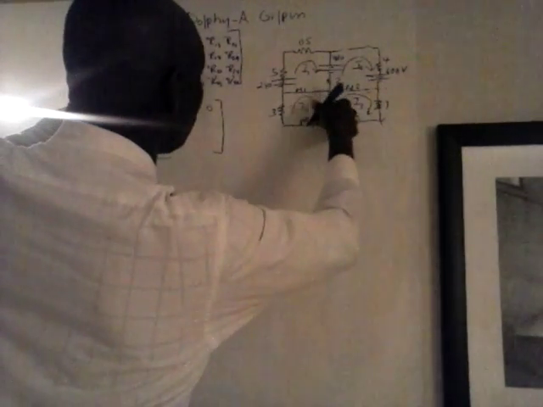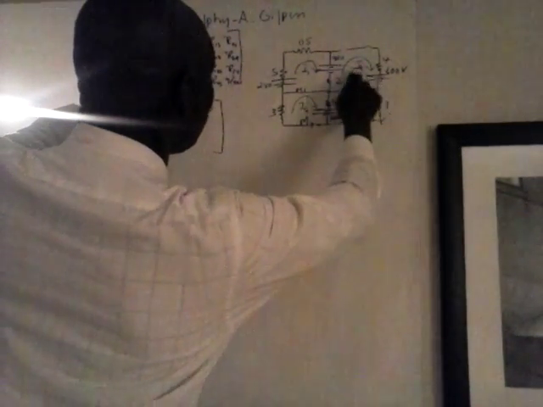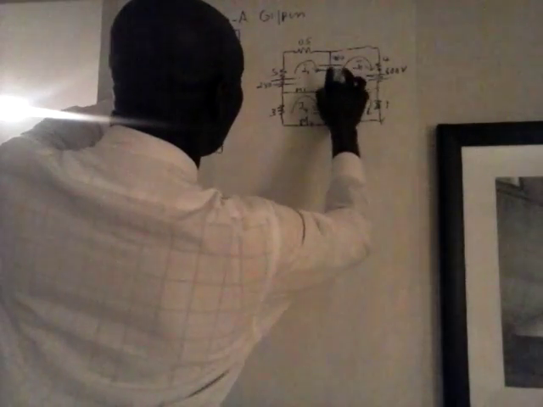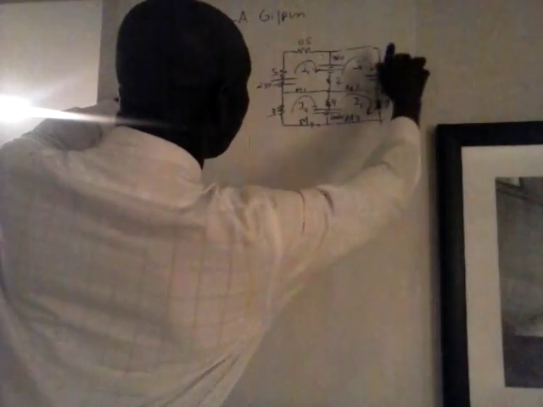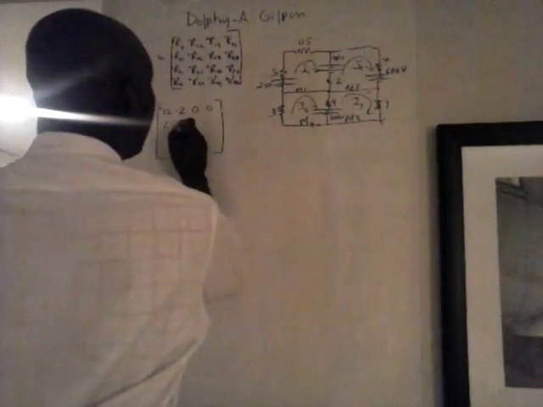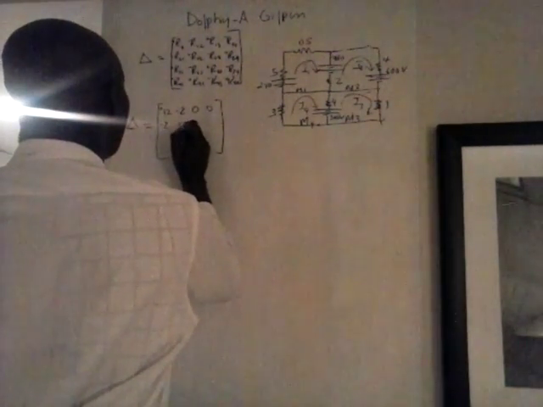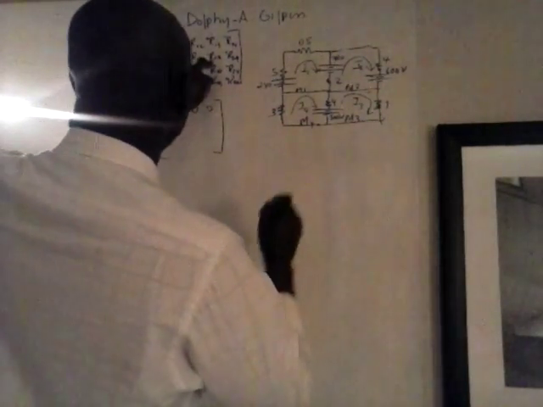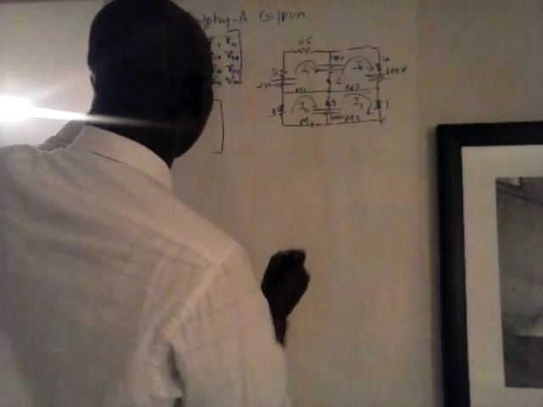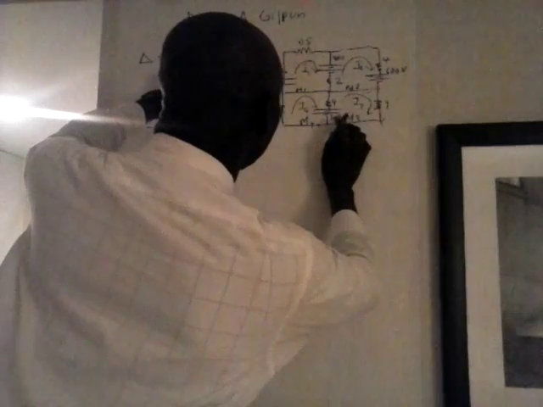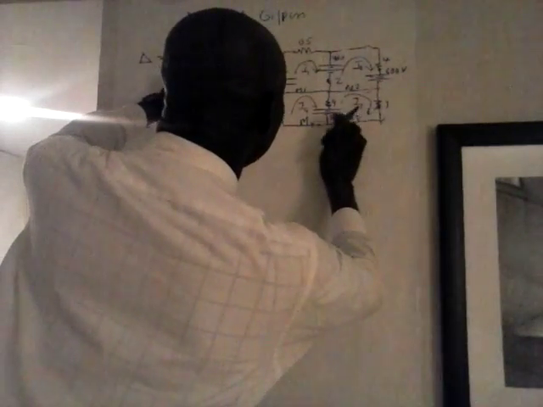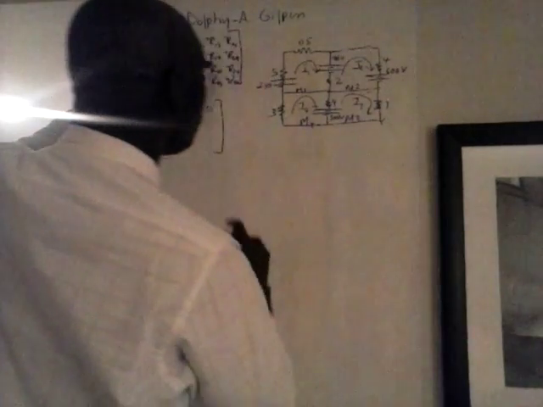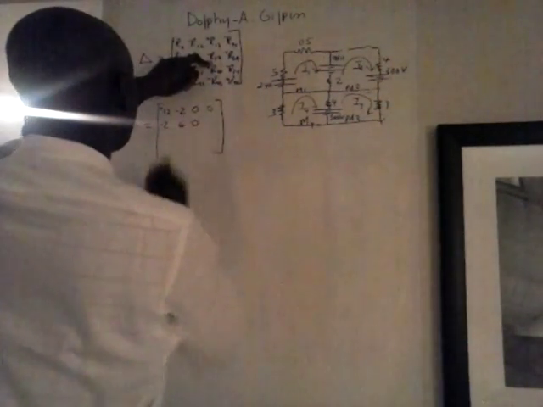R22, mesh 2 here, 2 and 4, 6, so that would be positive 6. R23, I take on a negative from our thing. R23, 2 and 3, there's nothing common in 2 and 3 here, so let's take on 0.